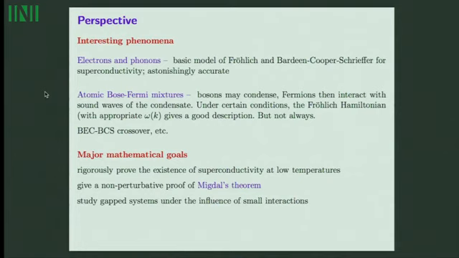Mathematically, the major goals are, well, proving the existence of superconductivity at low temperatures. This is sort of the holy grail type goal. I just heard from Jérémy Unterberger that he has some ideas together with Jacques Magnin to make progress.